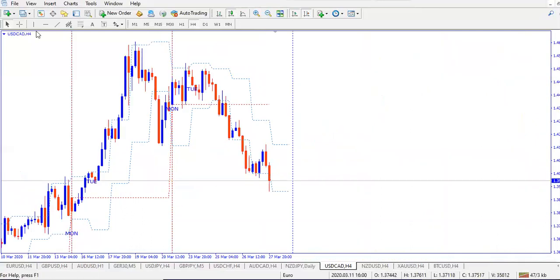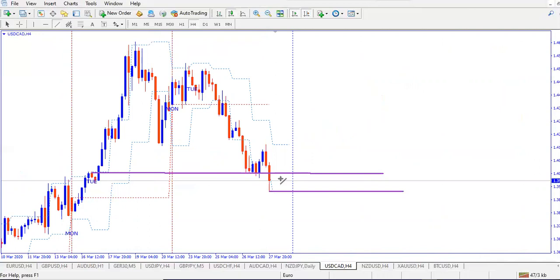Yeah, it's giving me the signals again. Down into a bullish order block. Strong end of week. Small retracement Sunday, Monday.